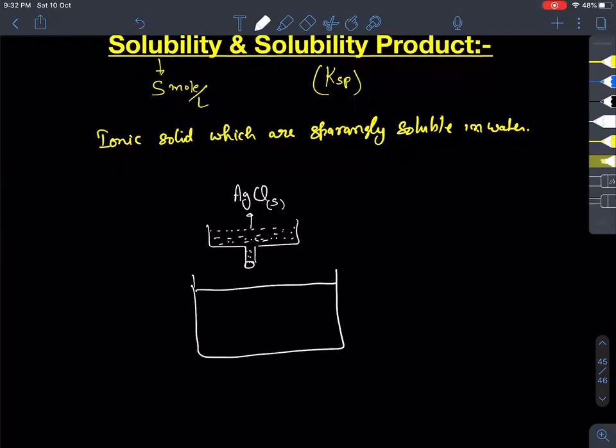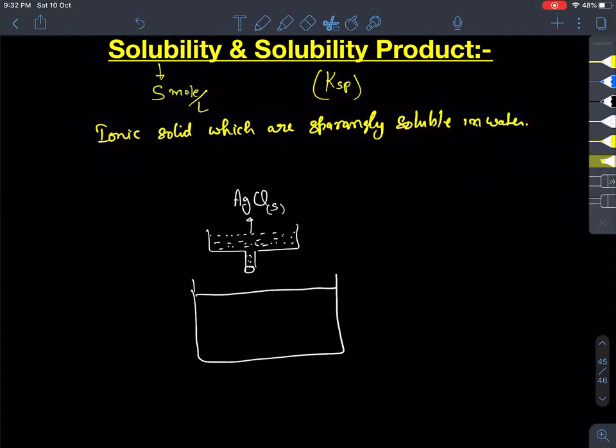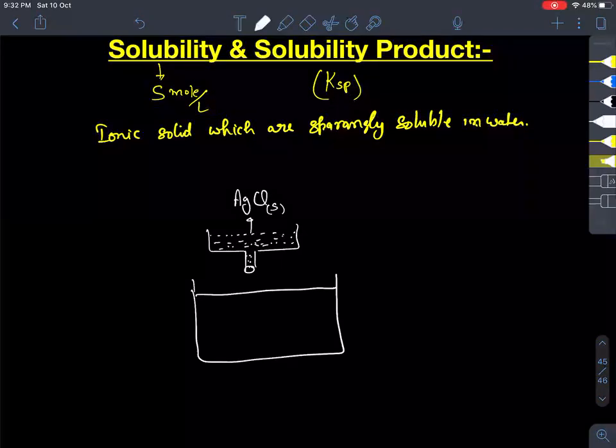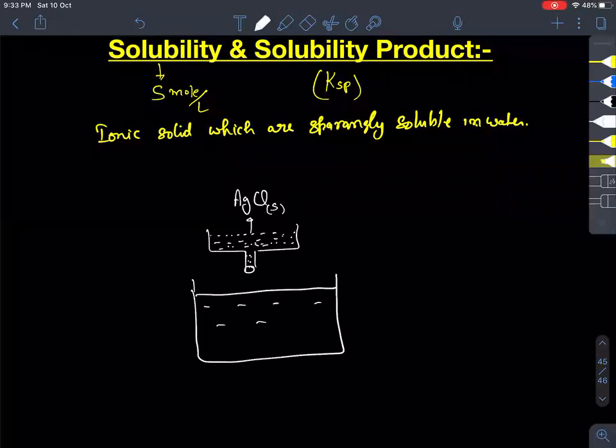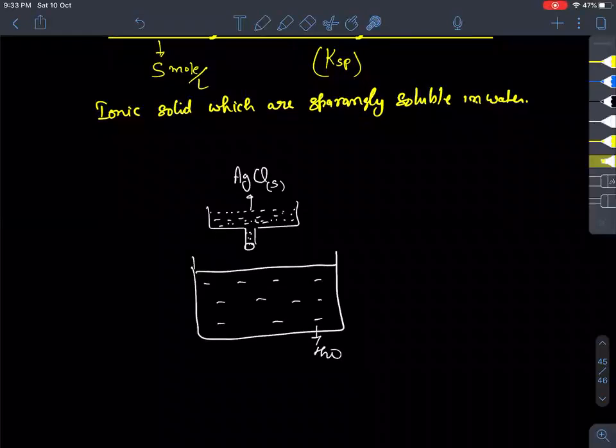An ionic compound is soluble in a polar solvent, so I am taking water here. Again, the temperature and everything is the same. So what will happen initially when you drop a very little amount of AgCl? It will be completely vanished inside the water. You will not be able to see it.